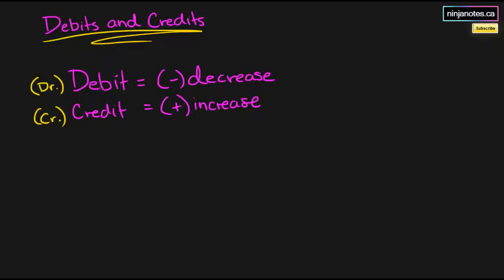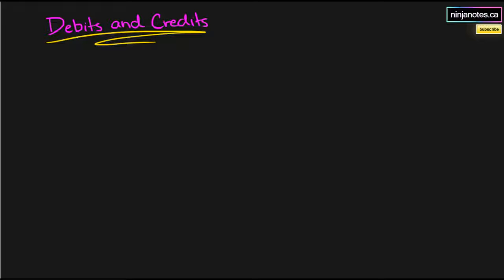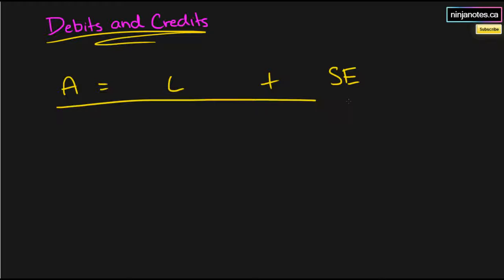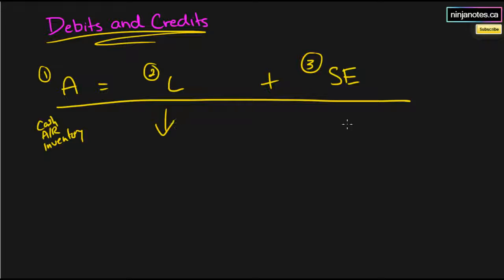To actually learn what debits and credits do, we're going to look at the fundamental accounting equation. Assets equals liabilities plus shareholders' equity, sometimes known as just equity or owner's equity. Within each of these three elements there are numerous different accounts: cash, accounts receivable and inventory within assets; a bunch of payables within liabilities; common shares and retained earnings within equity.